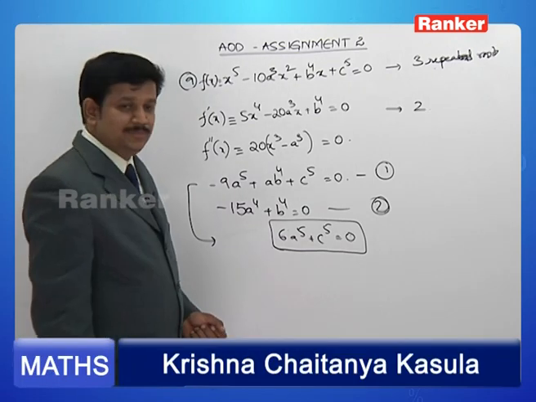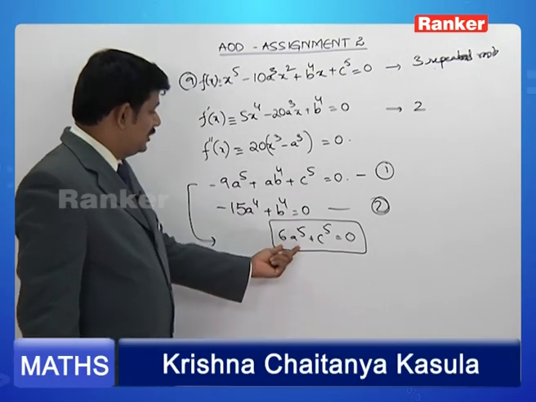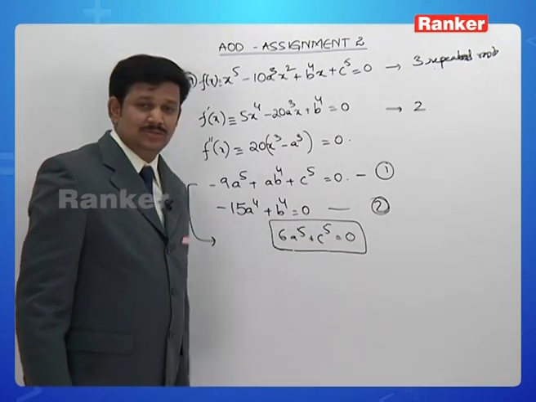We can see this as option B: 6a^5 plus c^5 is equal to 0.